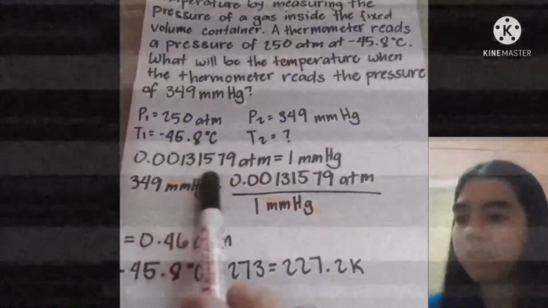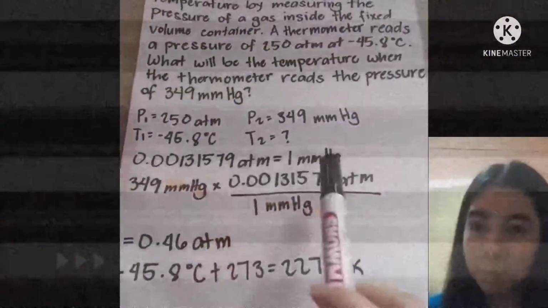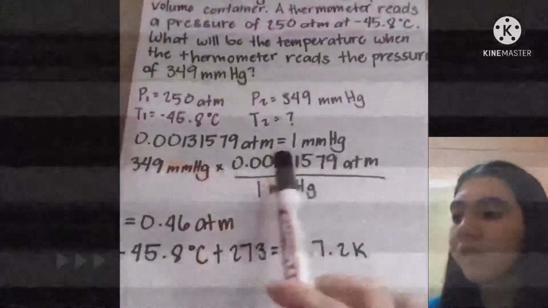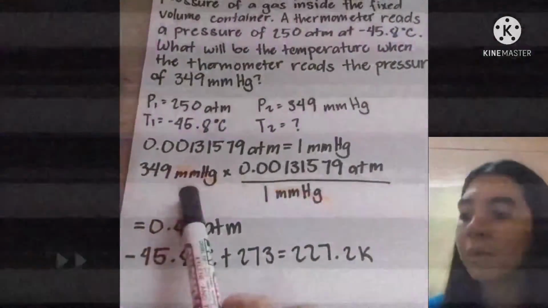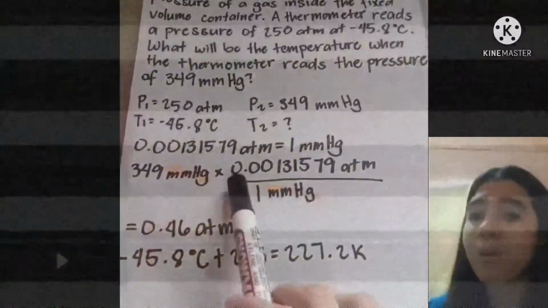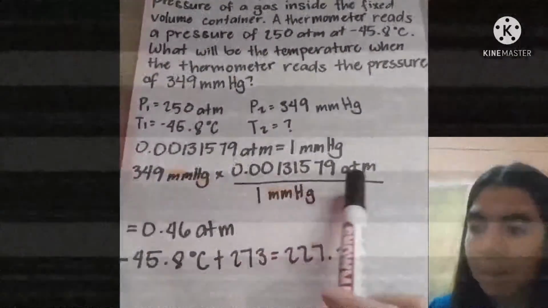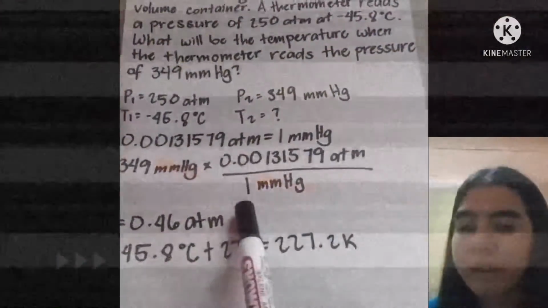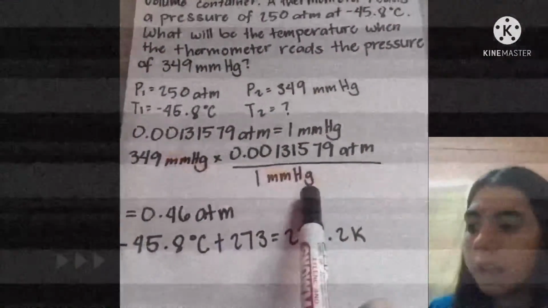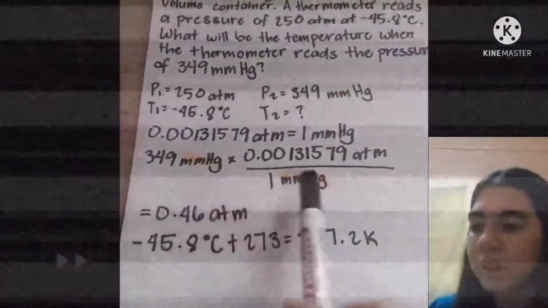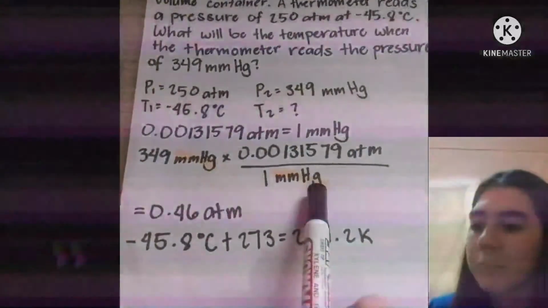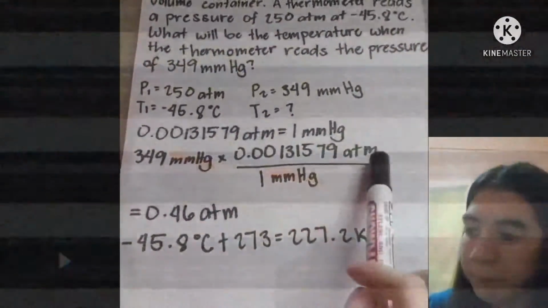0.00131579 atm is equals to 1 mmHg. So, yung 349 mmHg, imumultiply natin siya kay 0.00131579 atm and i-divide natin siya kay 1 mmHg. Ika-cancel muna natin yung unit ng mmHg para makuha natin yung atm.